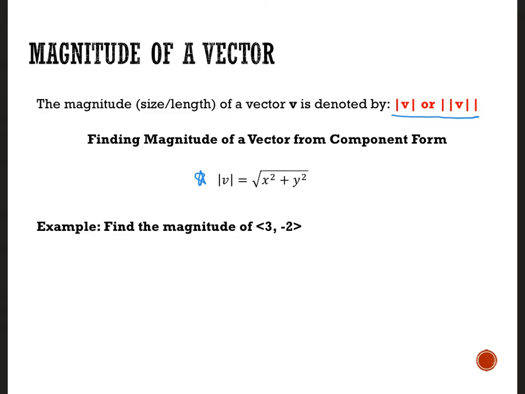So if I wanted to find the magnitude of the vector <3, -2>, the first thing I'm going to do is draw this vector. Okay, I've drawn this vector. Since it's in component form, I started it at the origin, and it points to the point (3, -2). To find the magnitude or the length of this vector, I'm going to take the square root of the x value squared plus the y value squared.